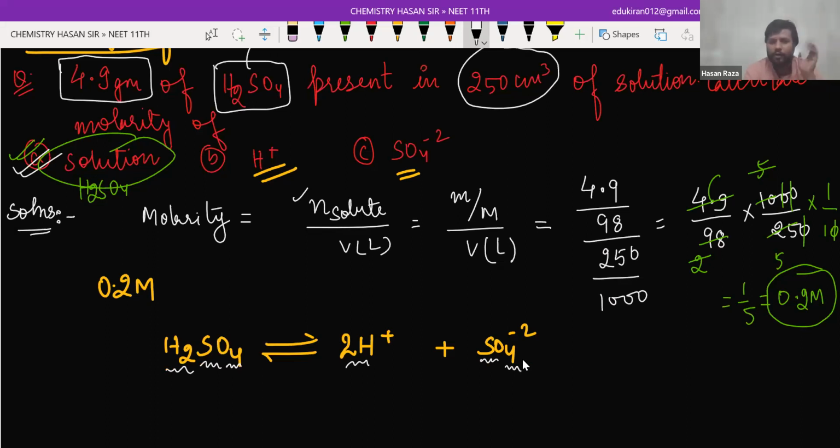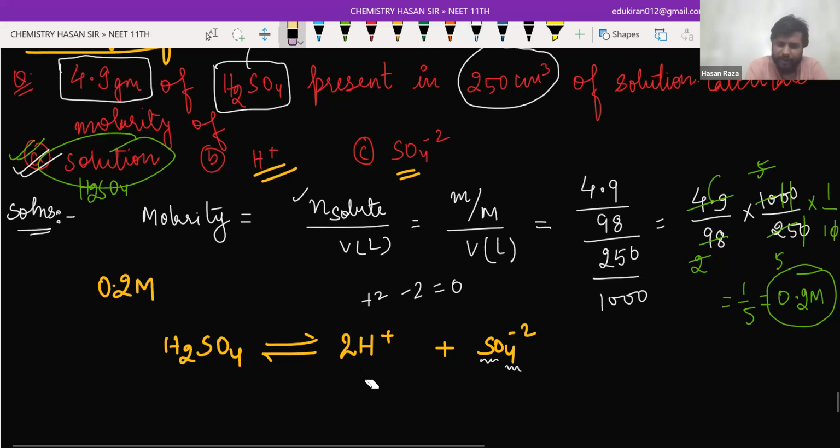Now for the charge, there is no charge on the left hand side, and on the right hand side plus 2 charge. 1 H has plus 1 and there are 2 H, so it will be plus 2, and SO4 has minus 2 charge, so the total charge on the right hand side is also 0. That means this reaction is balanced.